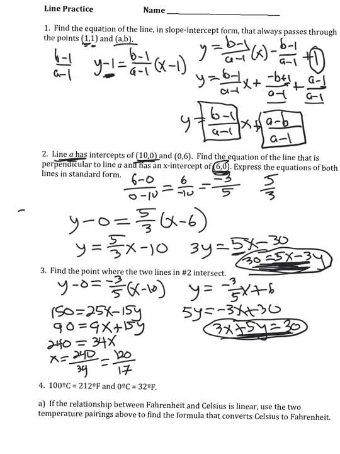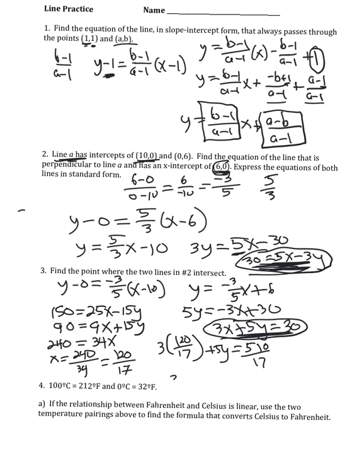Okay, so we know x, and we can now replace it in one of our equations. So let's say 3 times 120 over 17 plus 5y is equal to, I know I'm going to have a fraction with a denominator of 17, so I'll make this 510 over 17.